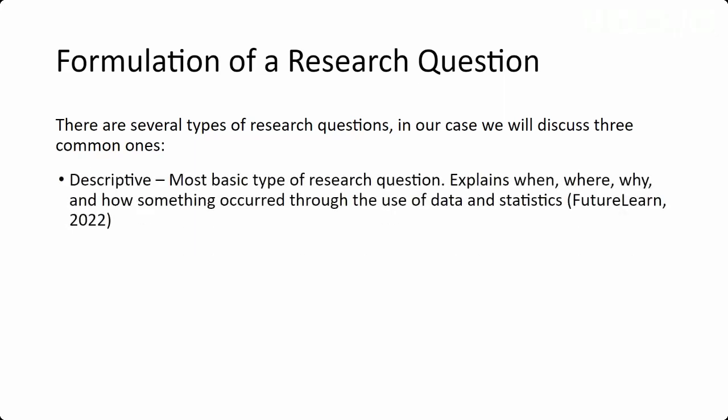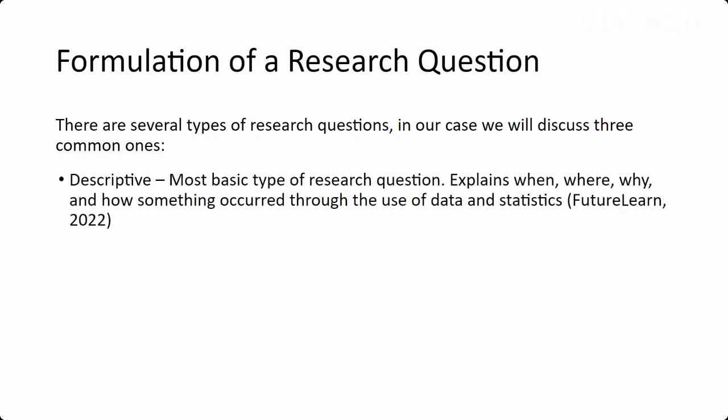Still on formulation of research topic, there are several types of research questions. This needs to be discussed now. In our case, we will discuss three common ones. Remember, we are just from looking at examples of questions. I gave three examples, but within those examples, there are classifications of what that question is.